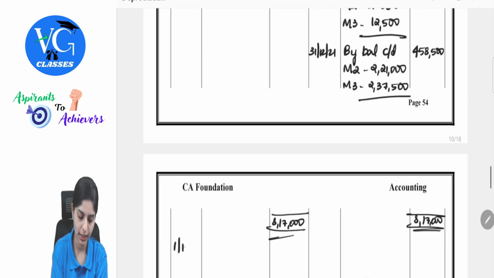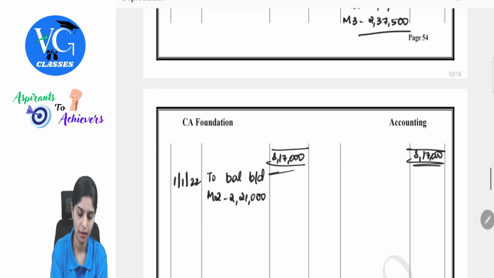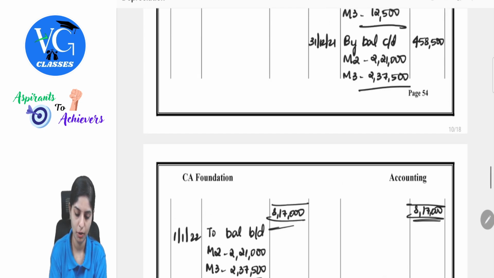On 1st Jan 22, to balance brought down, machinery 2, 2 lakh 21,000, machinery 3, 237,500. So this is 458,500.